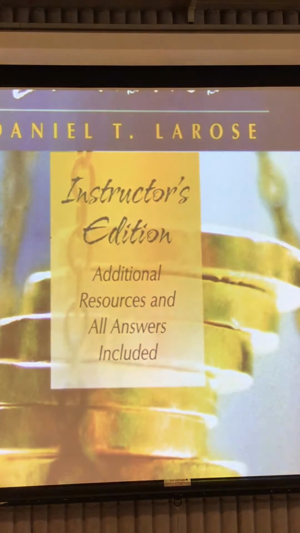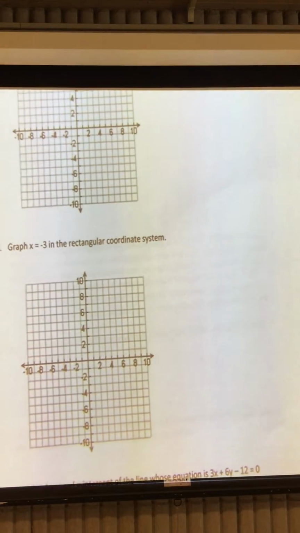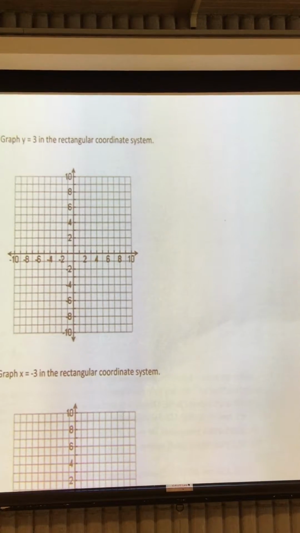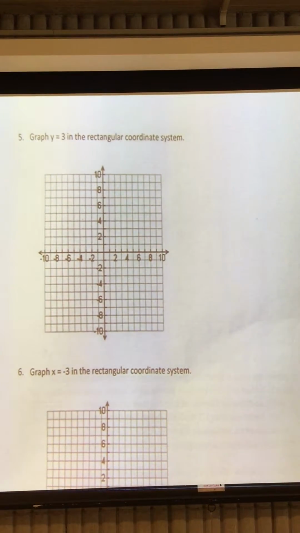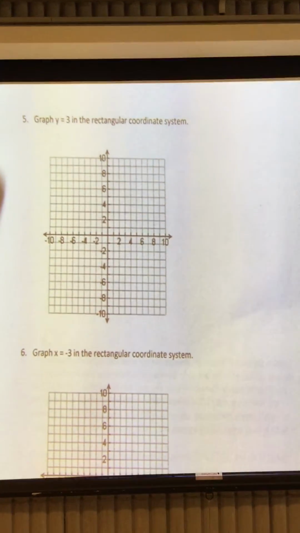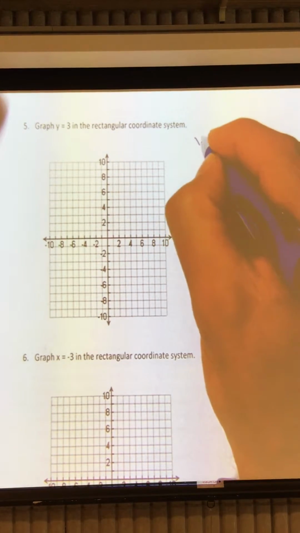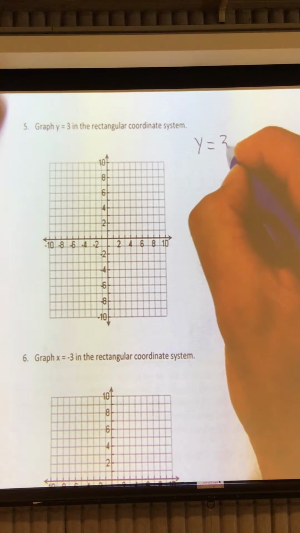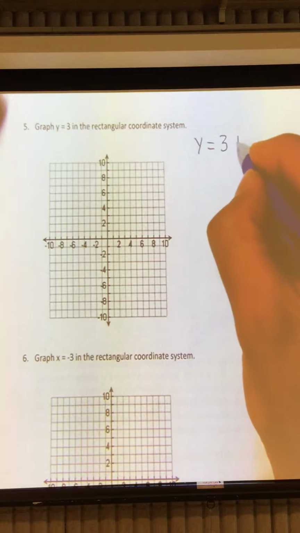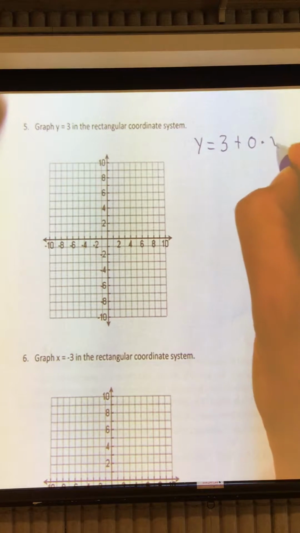Problem 5. Graph y equals 3. Okay. If we wish, we could write y equals 3 to be y equals 3 plus 0 times x.